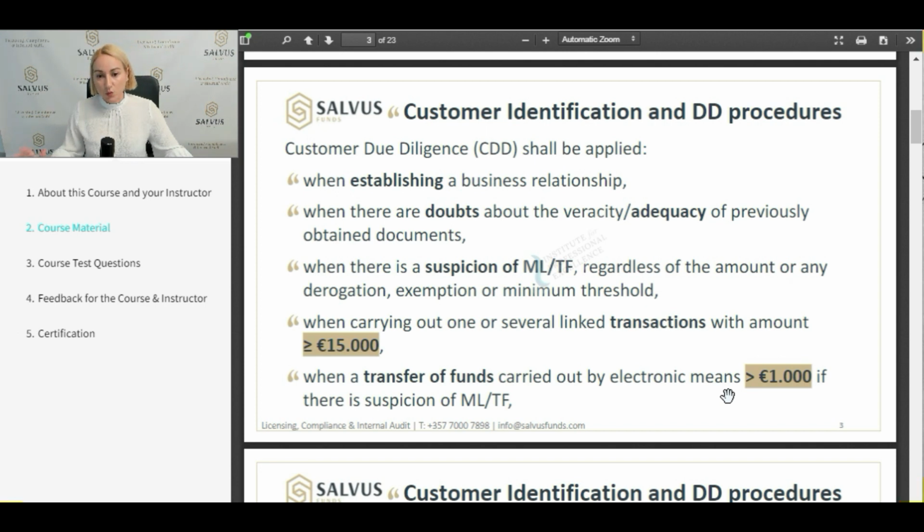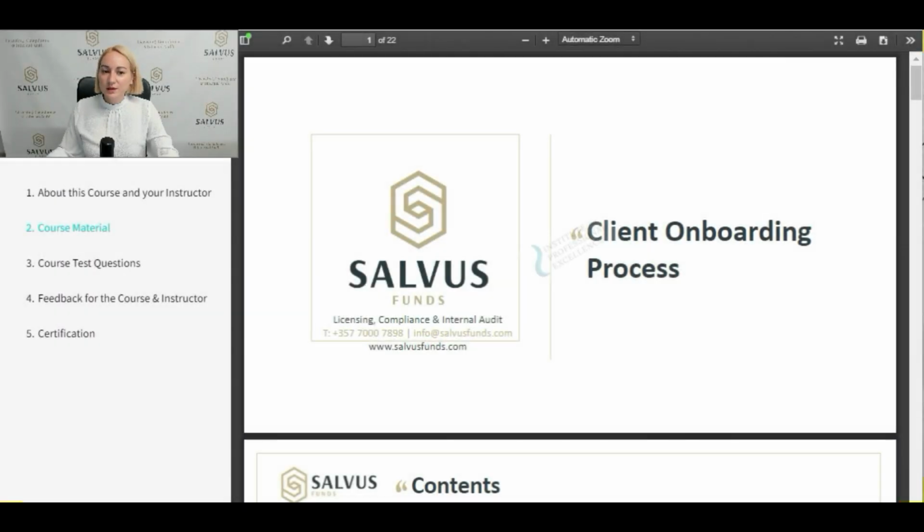When we carry out one or more transactions of more than 15,000, we have to do customer due diligence or recollection of documents. And when we have a transfer of funds by electronic means of more than 1,000 euros, or when we have suspicions of money laundering.